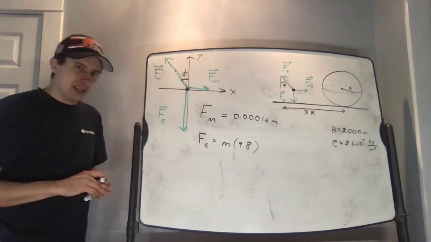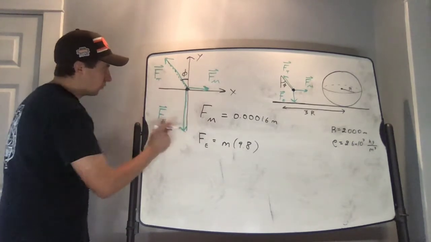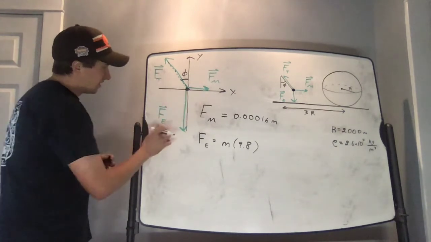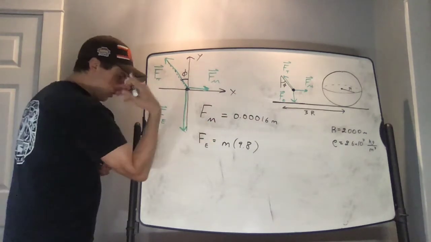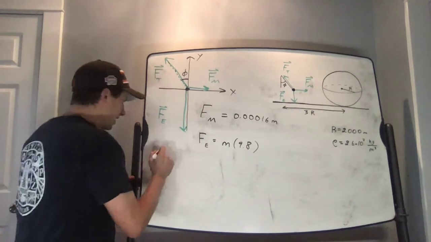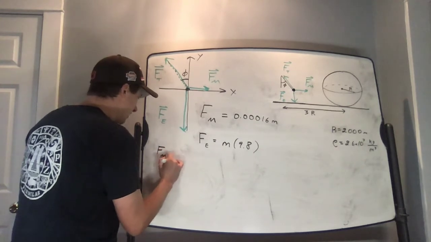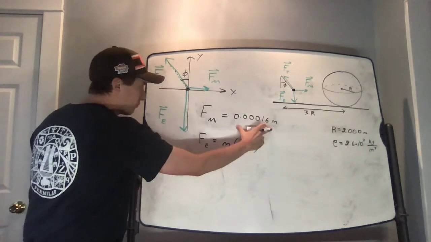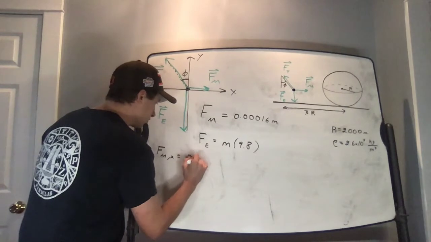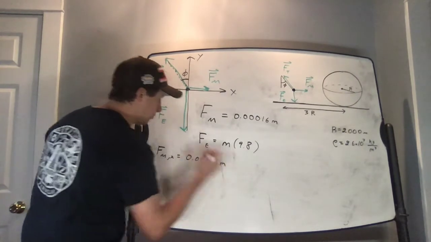Now, let us write the components of these two forces with their x directions and their y directions specified. So I could say the force of gravity from the mountain in the x direction will be 0.00016 times the small mass.